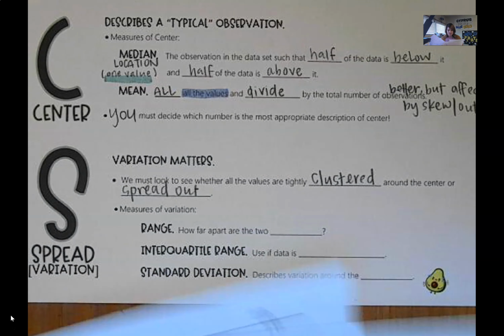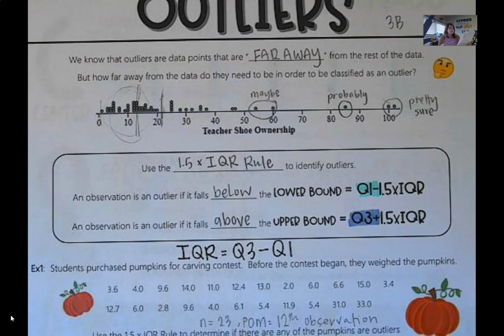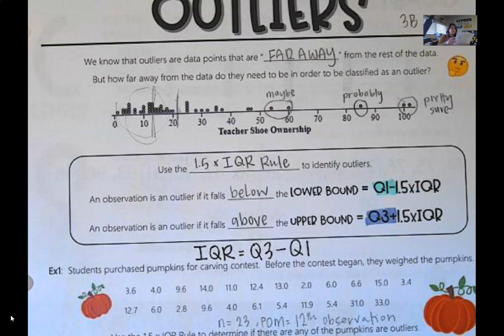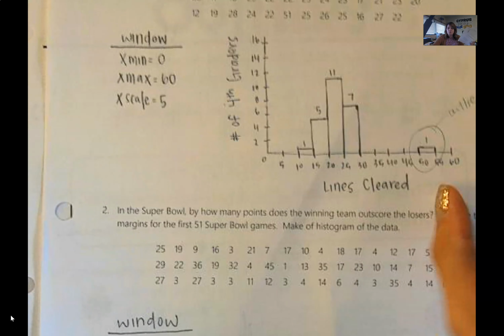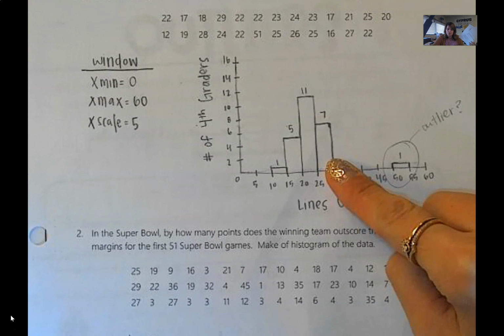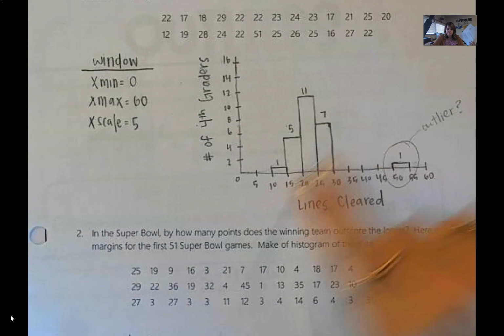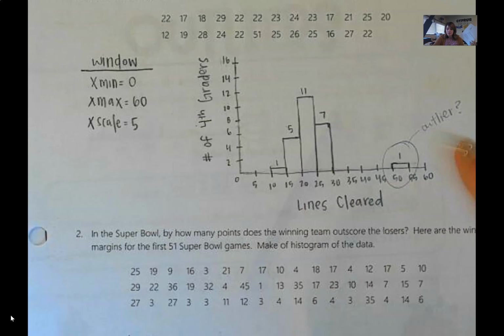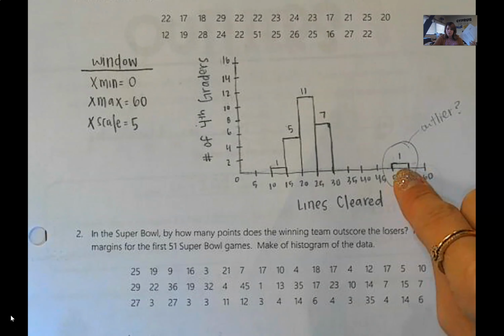So I have some data sets to the side of me, and maybe I can find some that are different. So this data set for the teacher shoes spread out from 0 to 100. That is a very large spread. But this spread for the fourth grade jumpers, the fourth grade kids that have to do the jumping test, this data set actually is not very spread out if we don't consider this outlier.